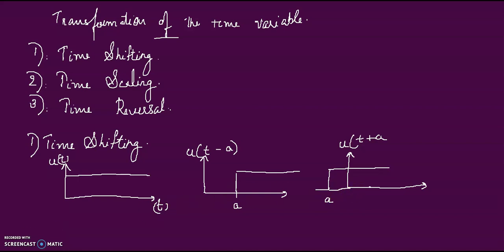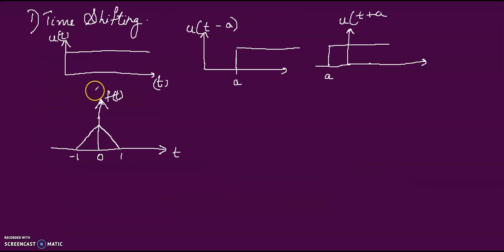We can see this for another example. If we have such a signal, we can draw f of t minus 2 as we can shift this entire signal towards the right by 2 units. That is, this edge is at -1, therefore we have to shift it by 2 units towards the right.